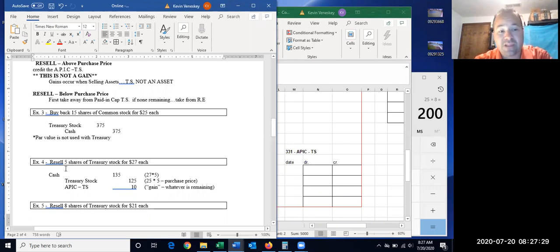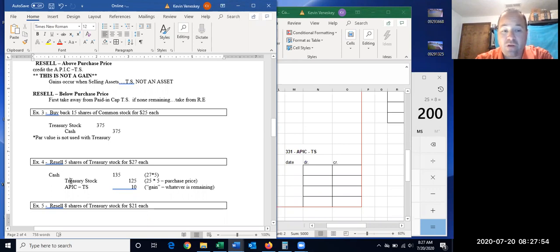So that's what we're doing here in example 4. We bought back 15 shares. I'm going to resell 5 of those 15 now, sometime later. And I'm reselling them for a little bit more, for 27. I bought them for 25. So when I resell them, the investors are giving me cash for 27 times 5.